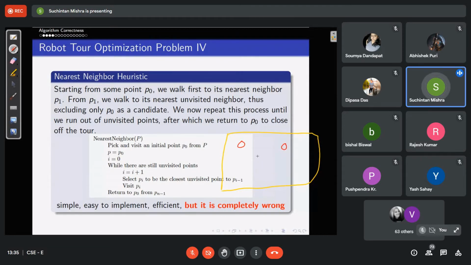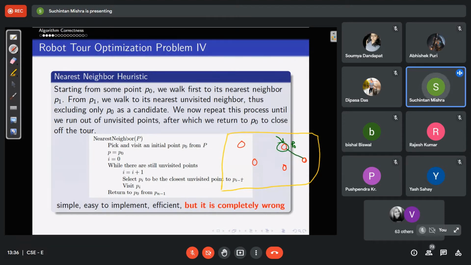So these are the points that we have. The algorithm says select some point as P0. You can take any point. Now from this point, find the point that is at the least distance.